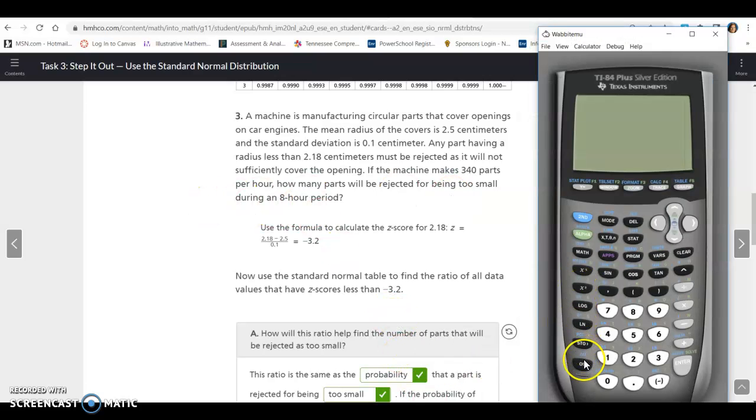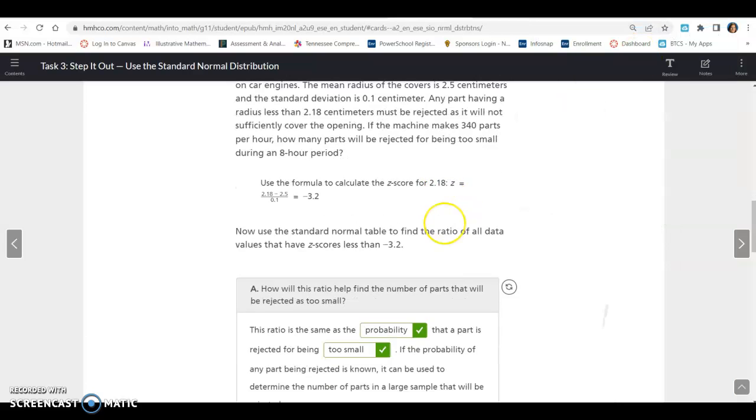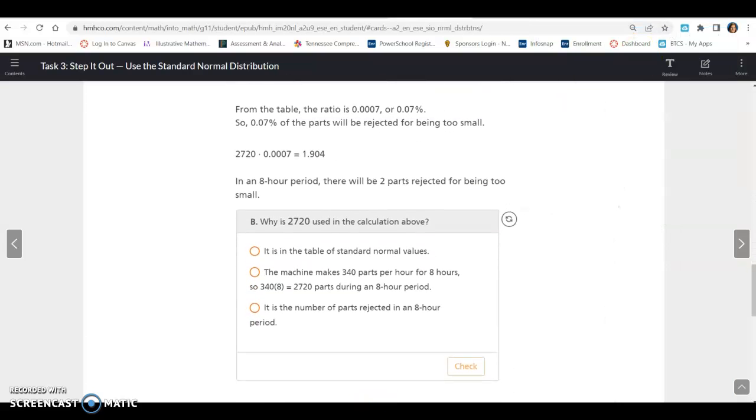So let's do 340 times the 8-hour workday. So 2720 comes from multiplying the number of parts per hour times how many hours are in the day.